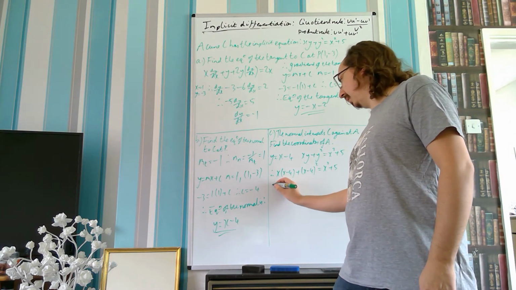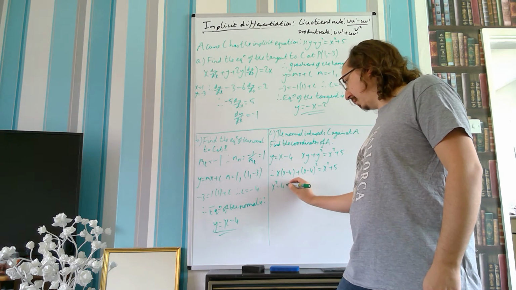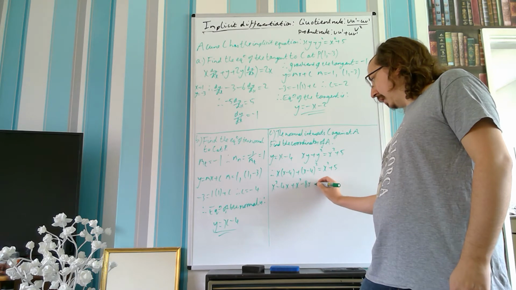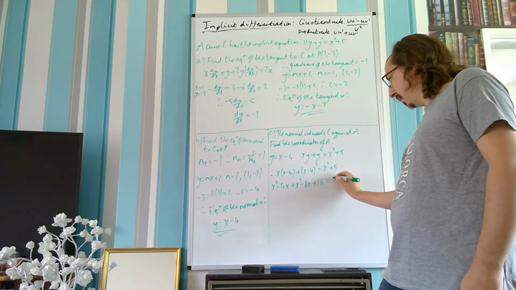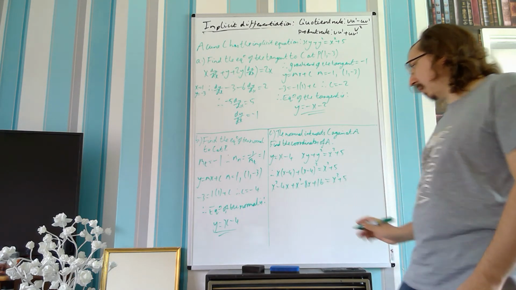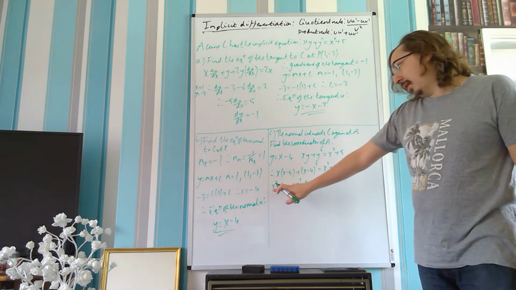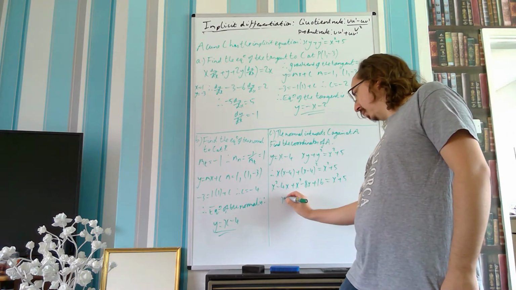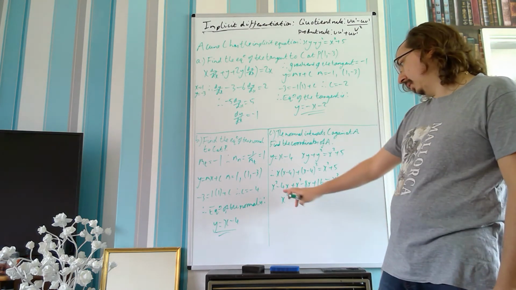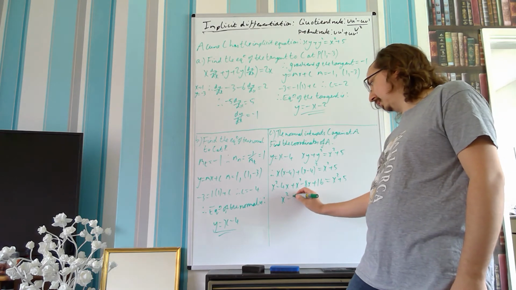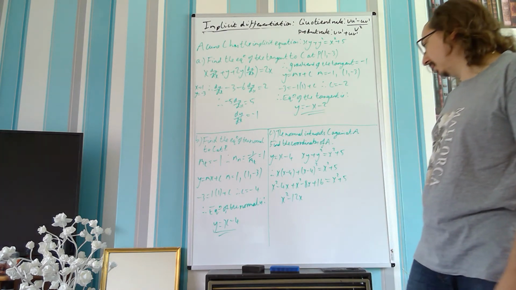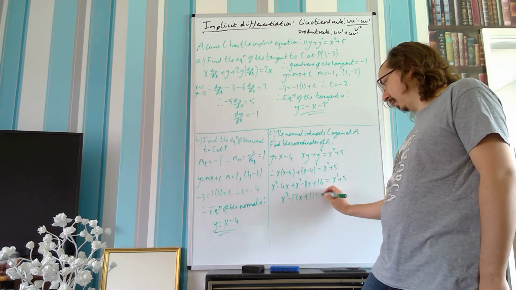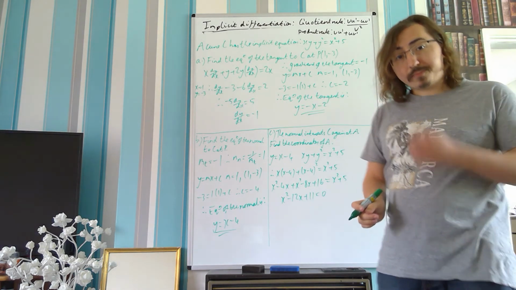We can expand the brackets. x squared minus 4x plus x squared minus 8x plus 16 is equal to x squared plus 5. x squared plus x squared, 2x squared, take away the 1, so we get 1x squared, minus 4x minus 8x is minus 12x, plus 16 minus the 5, plus 11, is equal to 0.